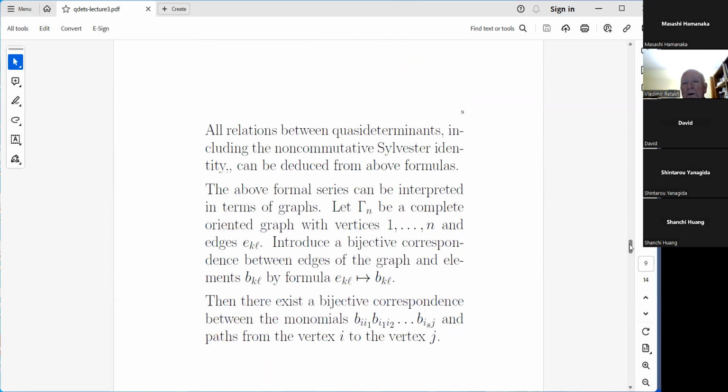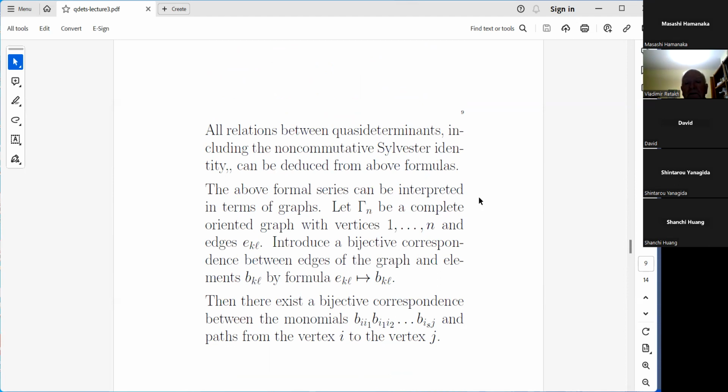Now, basically, I can use this formal series as a definition of quasi-determinants and can deduce all formulas just from this formal series.